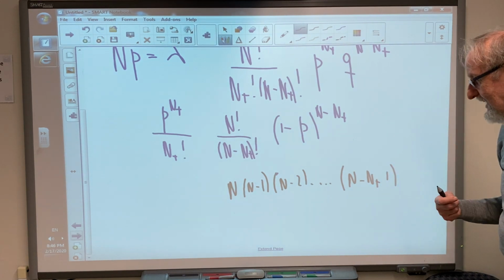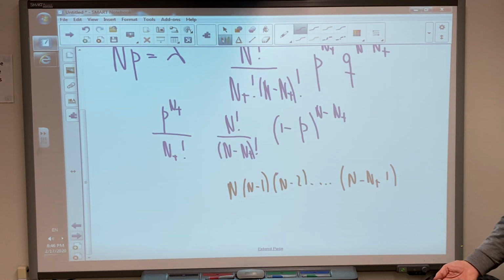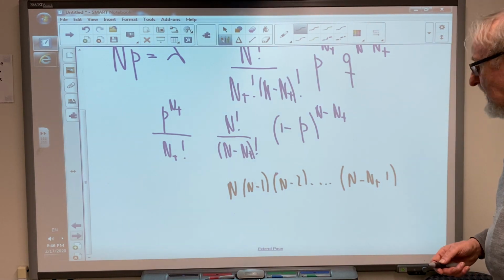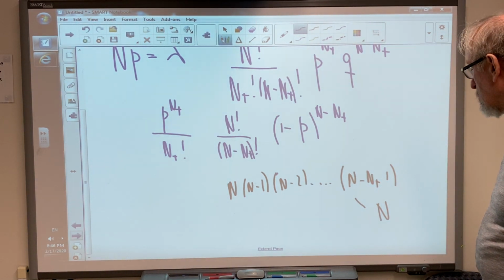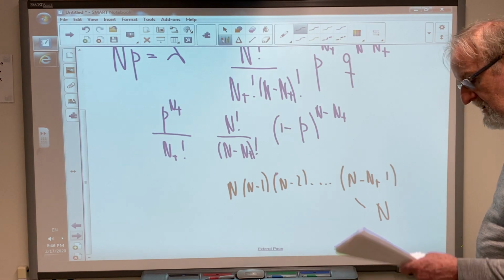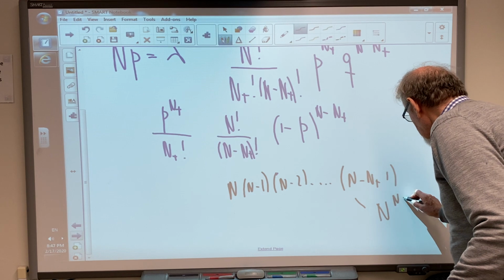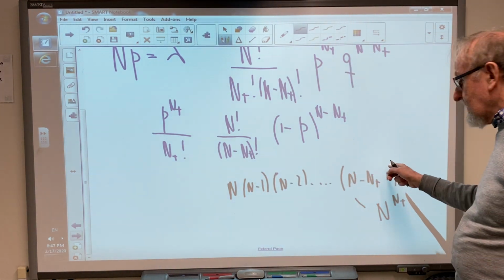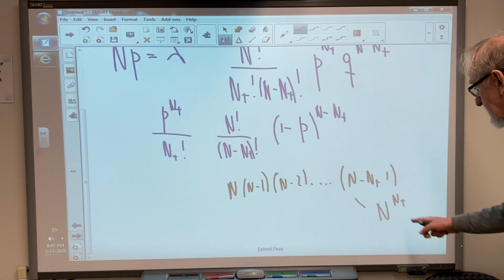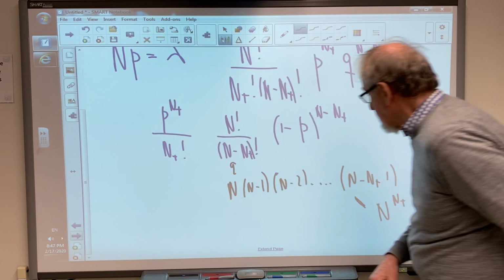So all these numbers are practically of order n, and we are going to approximate them simply by n. So this will be n to the n plus, because how many do I have? 1, 2, 3, until n plus. So I approximate this as n to the n plus.